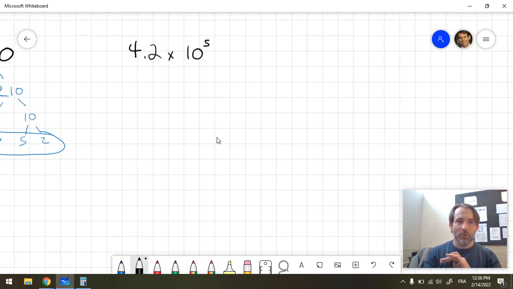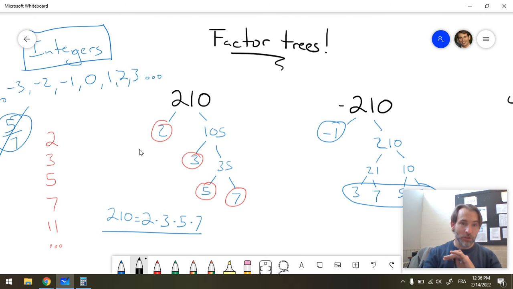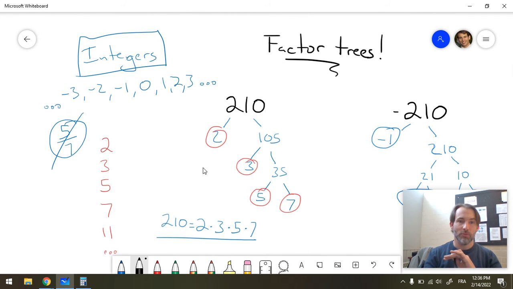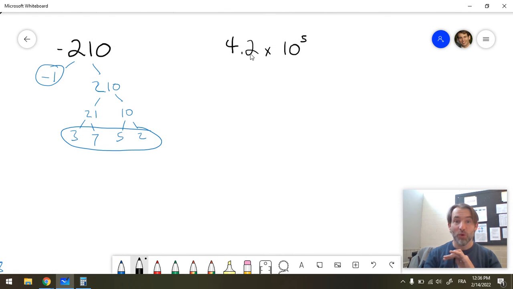All right, we can ask ourselves, first of all, is that an integer? Well, integers are numbers, just to review, like -3, -2, -1. They did not include decimals or fractions. 4.2 is a decimal. But what happens when I multiply it by 10 to the 5?